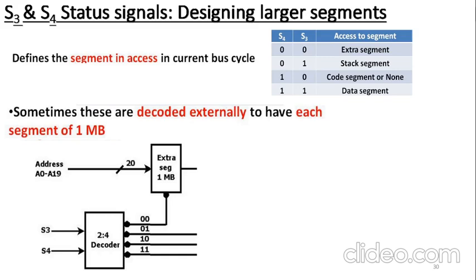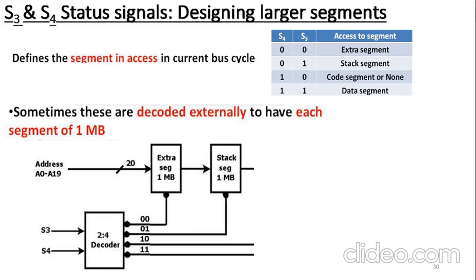Similarly, 0, 1, the second output line of that 2 to 4 decoder, as per the table, stack segment is to be accessed. So here is a stack segment of 1 megabyte, the same address bus is connected in parallel, and the second output line of the 2 to 4 decoder, 0, 1, is connected to the selection of that memory space of 1 megabyte, which we refer to as the stack segment.